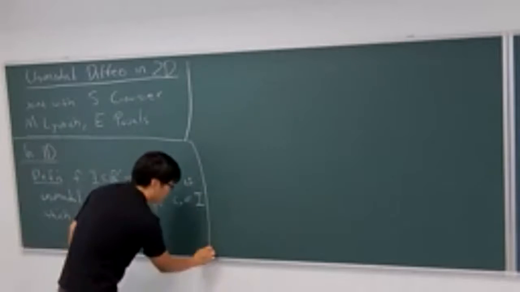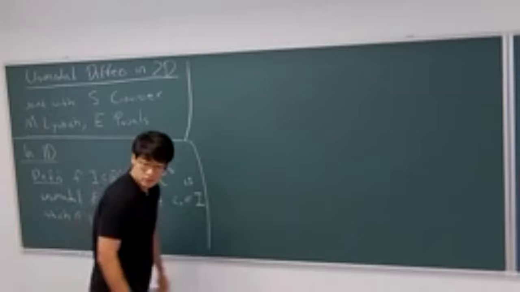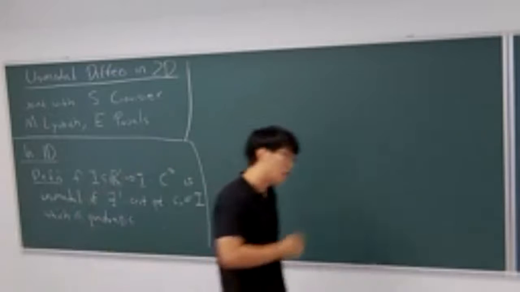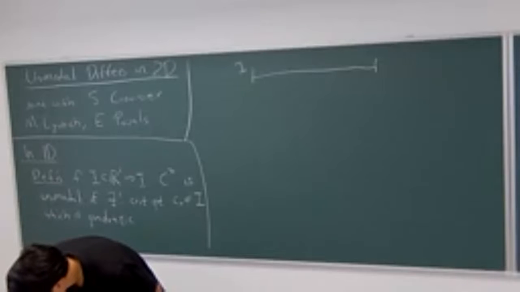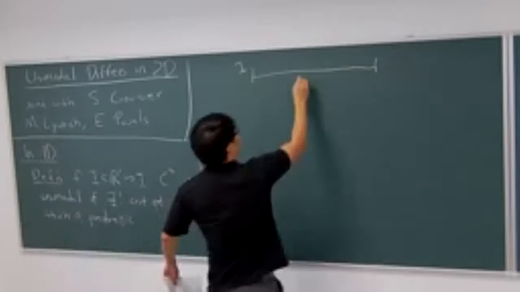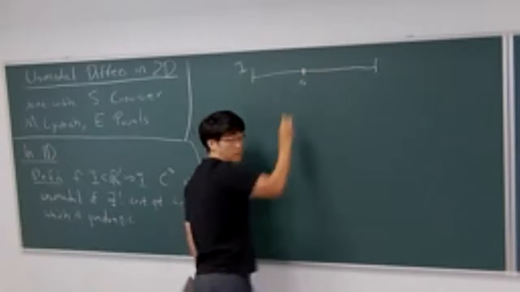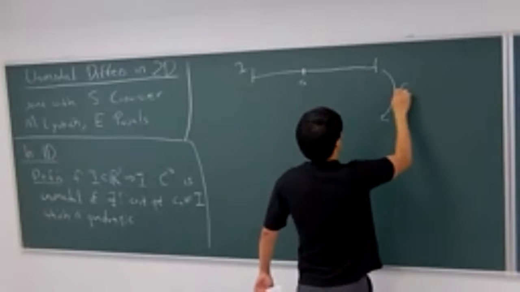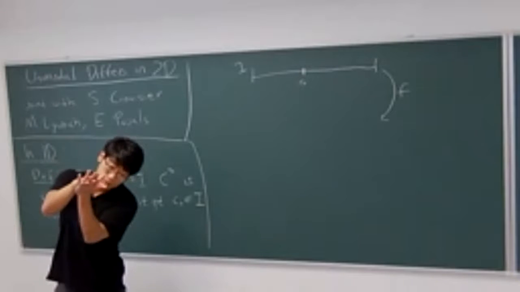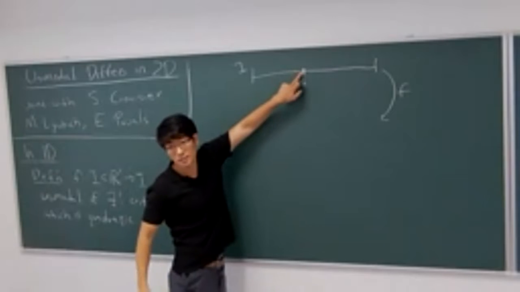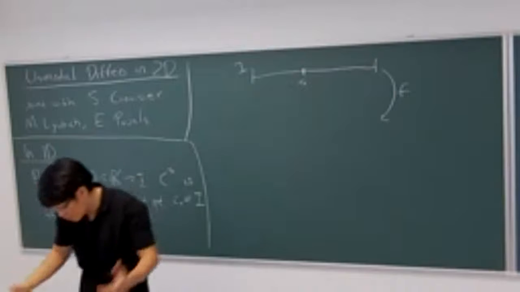So if I can just draw a little picture representing how it acts on the interval. A unimodal map has a unique critical point, and it maps I back into itself. The way it maps is it takes this interval and folds it at C0, mapping it to the critical value, which I'll call C1.